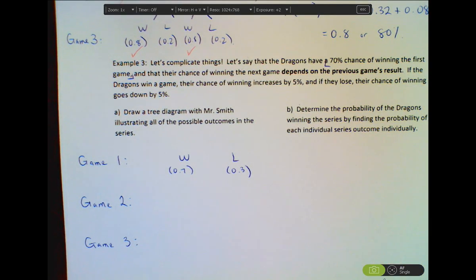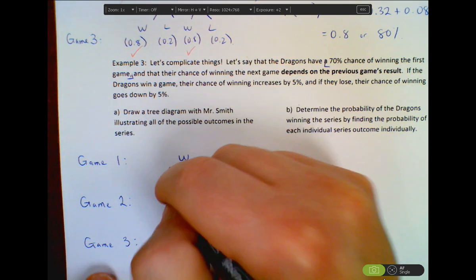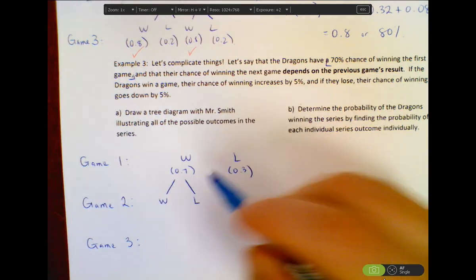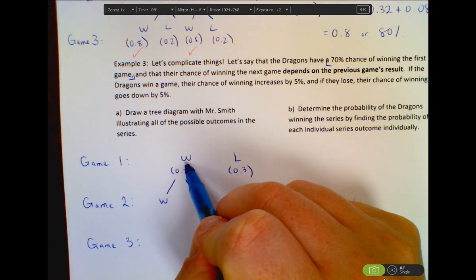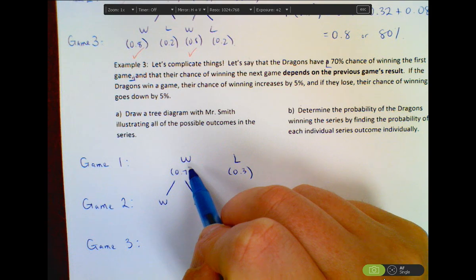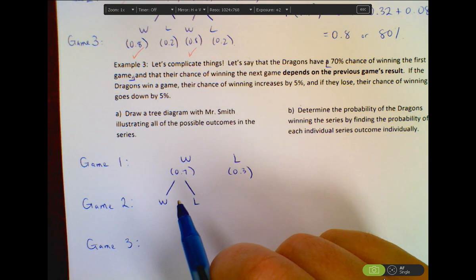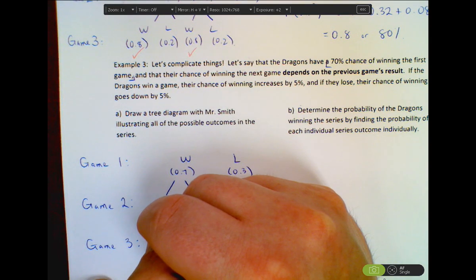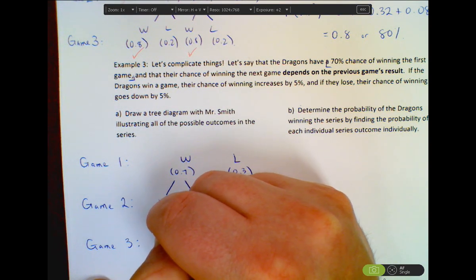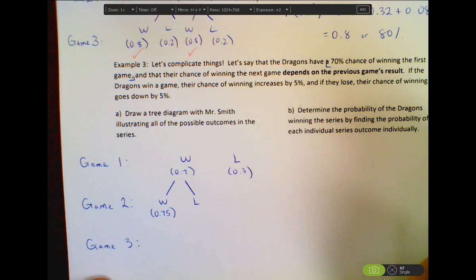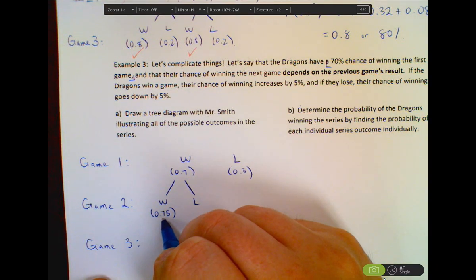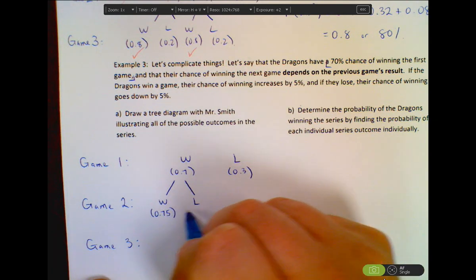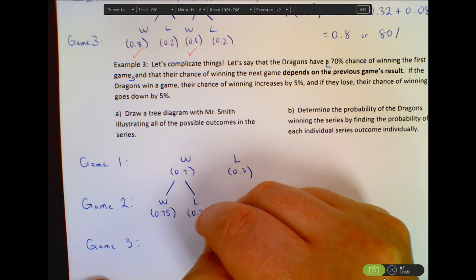And so now we want to be careful. So for Game 2, if we're coming off a win, the setup of the question says our chance of winning will increase by 5%. So instead of a 70% chance of winning, because we won the previous game, we're going to have a 75% chance of winning, 0.75. That would make our chance of losing, not 0.3, because these all have to add up to 1, right, would be 0.25.